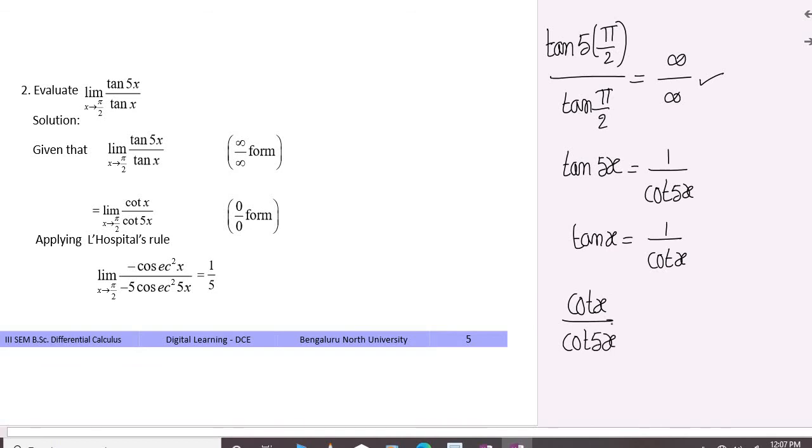Now substitute x equal to pi by 2, then cot pi by 2 divided by cot 5 times of pi by 2. We know that cot pi by 2 is 0, cot 5 times of pi by 2 equals 0. This is also indeterminate form.